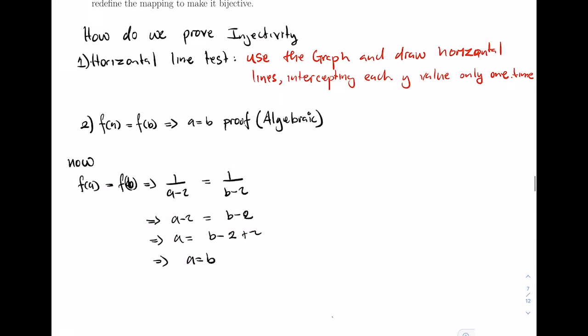Voila. Therefore, we have proven that f of x equals 1 over x minus 2 is an injective function.